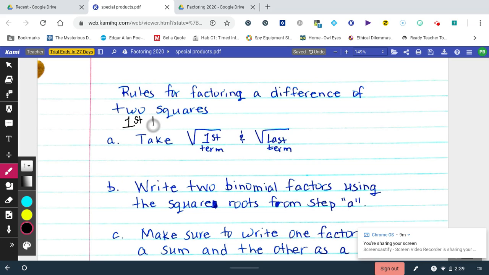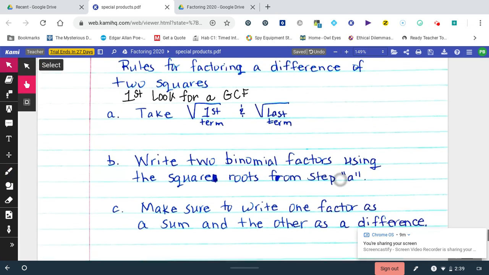First, look for a GCF. Then follow the steps. So after you look for that original GCF, then you would follow the steps. So you would take the square root of the first term and the square root of the last term. Okay, we've done that with perfect square trinomials.